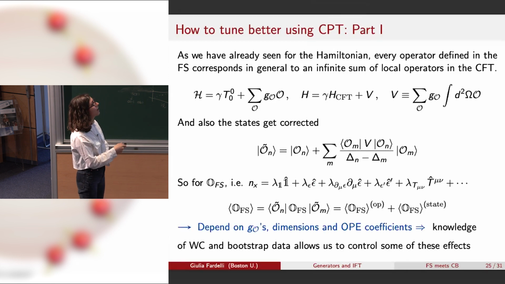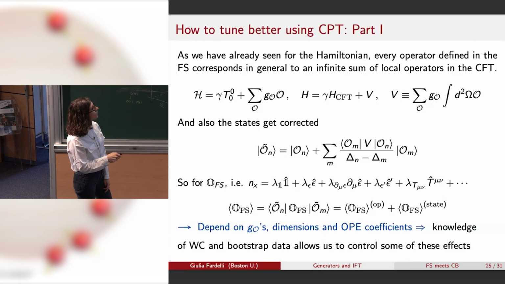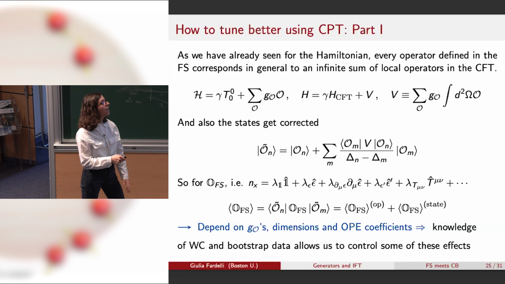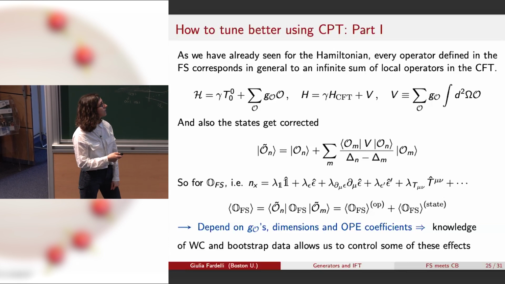In general, every operator that I'm trying to measure is polluted by the fact that this is not just the operator that I'm expecting, but I also have other operators. So this is just an example for N_x. Every time I do some measurement, the operator is not exactly what I would write down in the CFT, and the states are not perfectly the CFT states.